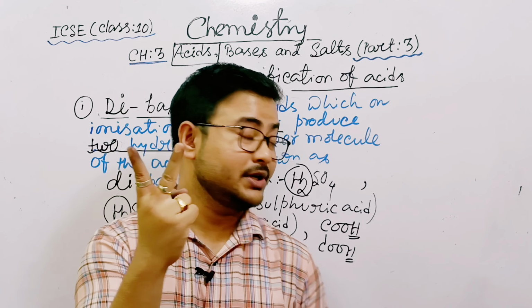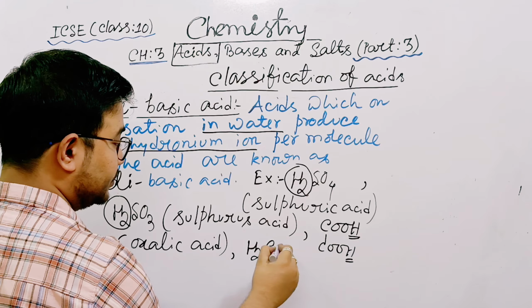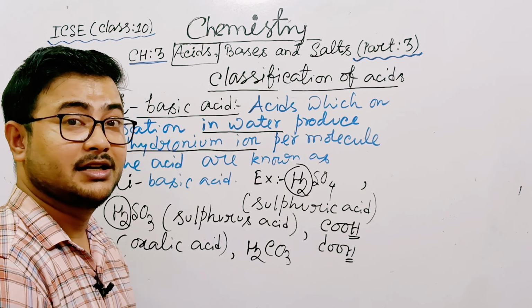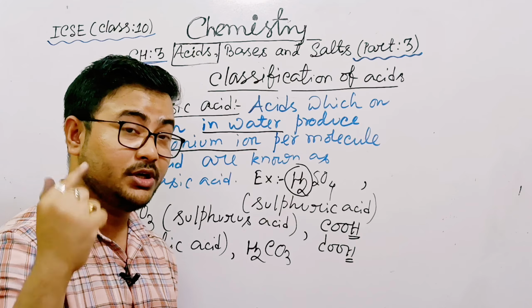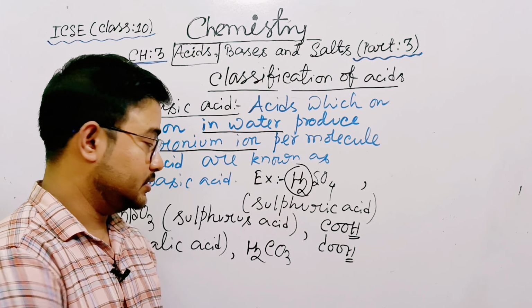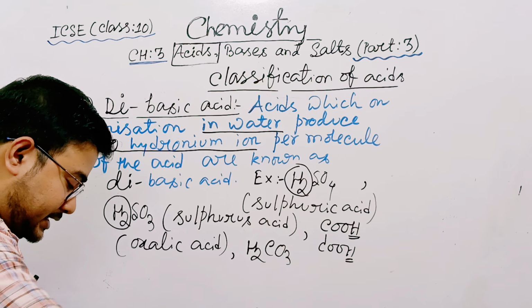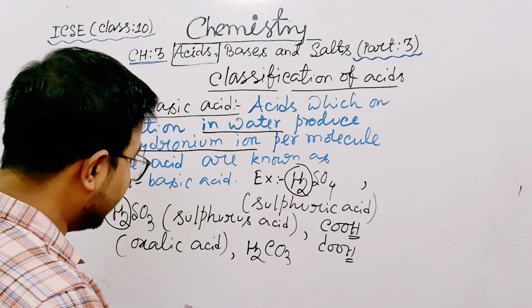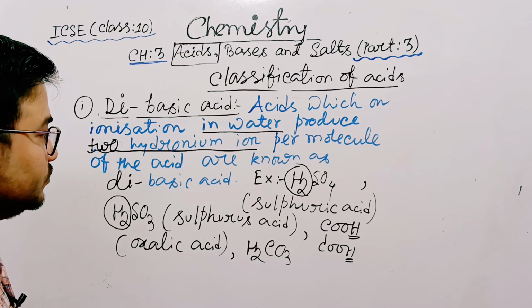Sulfuric acid, sulfurous acid, oxalic acid. Another example is H2CO3. Name is carbonic acid, which is used in soft drinks. I already told in another part. So these 4 examples are very important for our board. So definition done, example done.